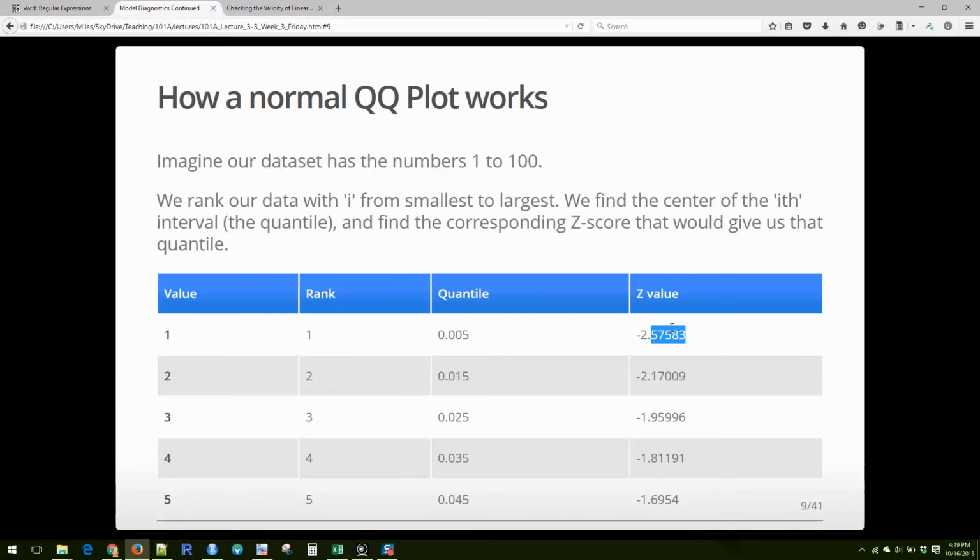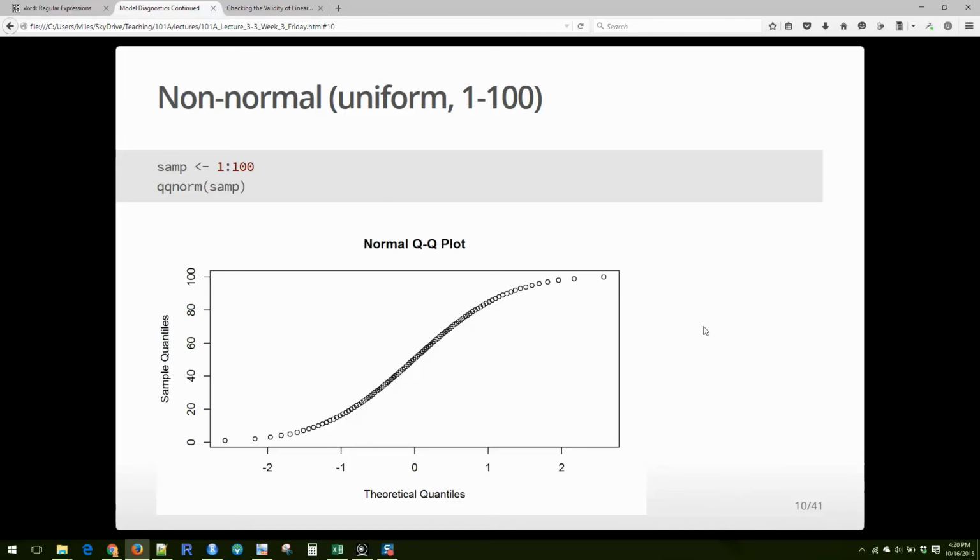Okay, and if these values are normally distributed, we would expect the smallest one, the smallest out of 100, to be approximately in line with our z-scores. And so if we did it for the values 1 through 100 and we create a QQ norm, we see the theoretical quantiles, which essentially are our z-scores, right?